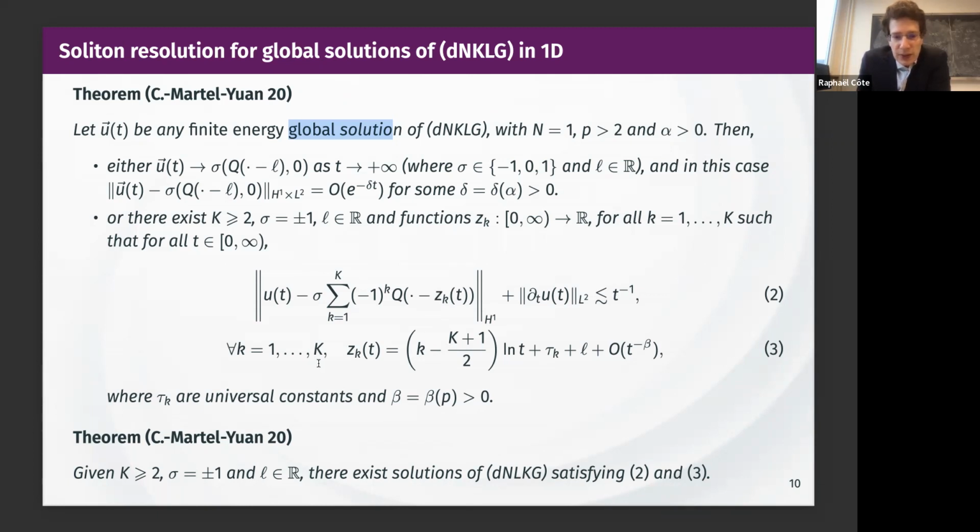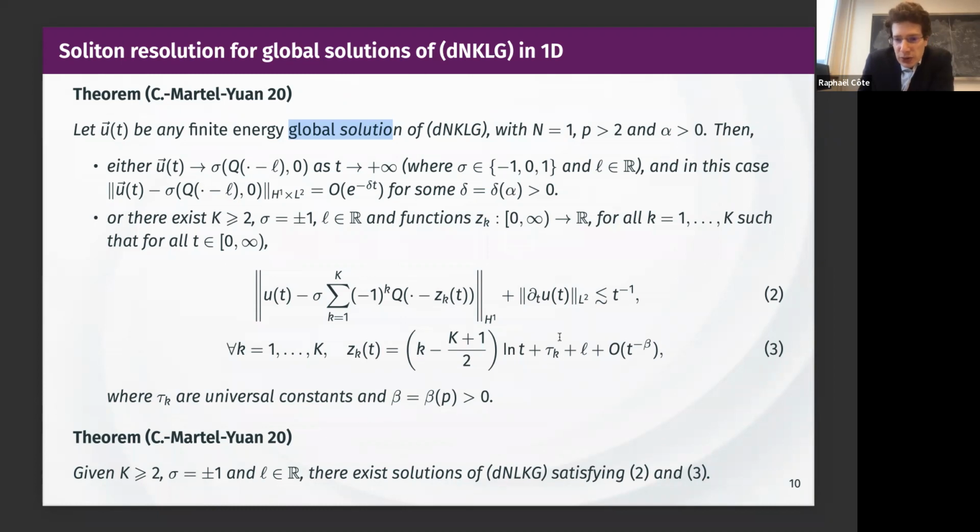So if you have k solitons, then z_k, the leading term is in log t, and what you must see from this factor is that the distance between one soliton and the next, so it's just changing k plus 1 and k, is log t. The distance between two solitons is log t.